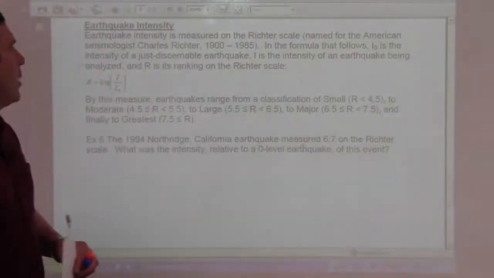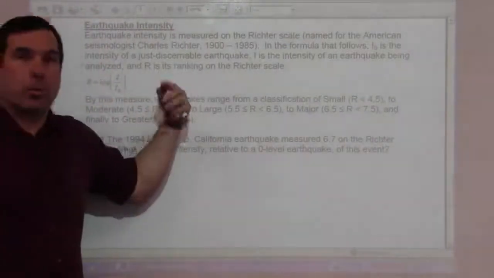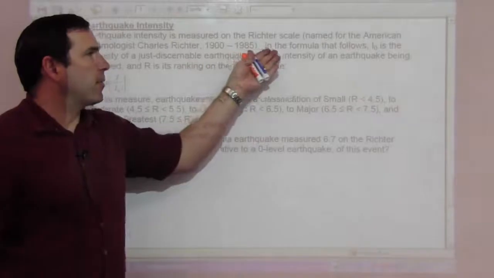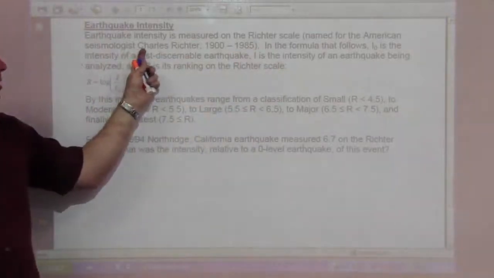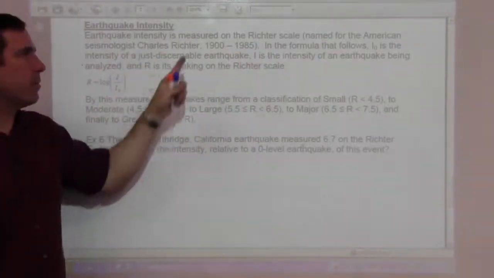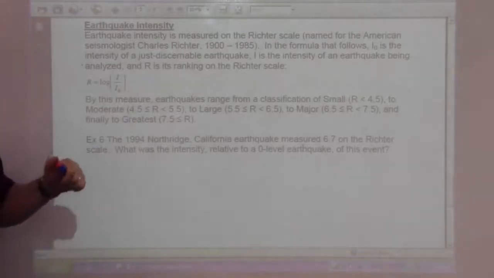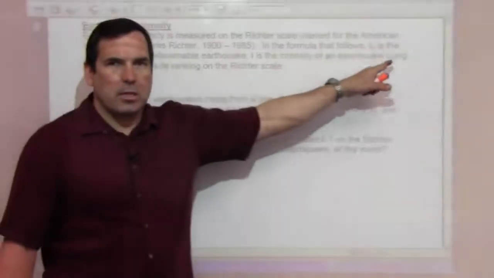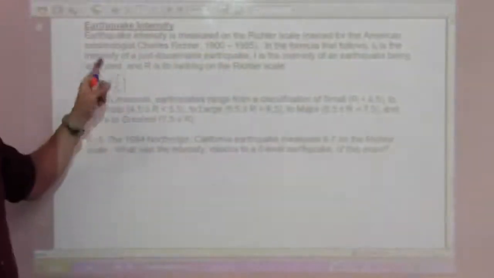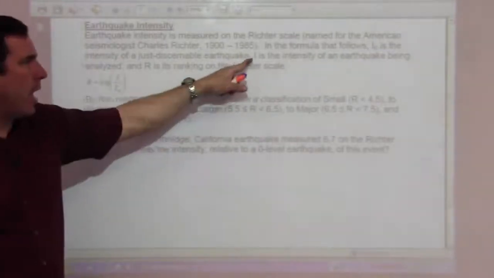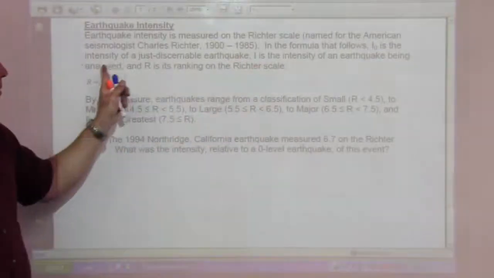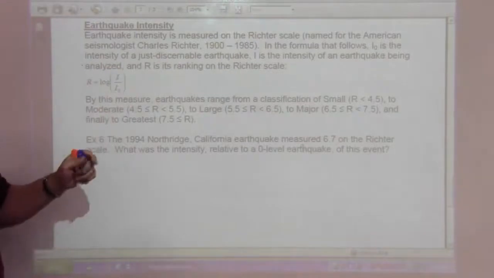Earthquake intensity. Earthquake intensity is measured on the Richter scale. You've heard about the Richter scale, named after the American seismologist Charles Richter. In the formula that follows, I sub 0 is the intensity of a just discernible earthquake. I is the intensity of the earthquake being analyzed, and R is a ranking on the Richter scale.